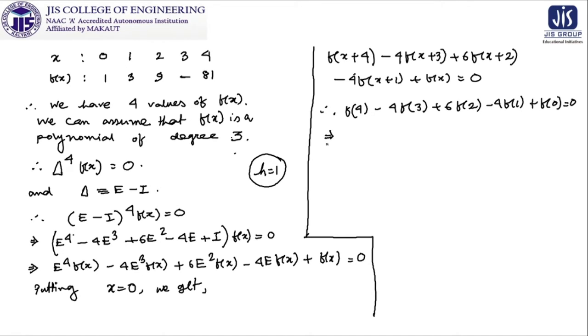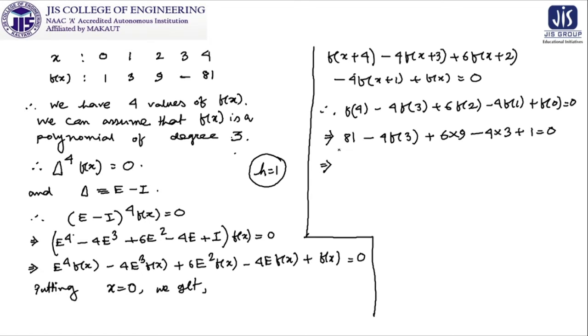Now go back to the table, and in this table it is very much clear that f(4) is known to us, it is 81, but f(3) is not known to us, so I have to keep it as minus 4 f(3) plus 6 f(2), that means 6 into 9, minus 4 f(1), that is 4 into 3, plus f(0), that is 1, is equal to 0.